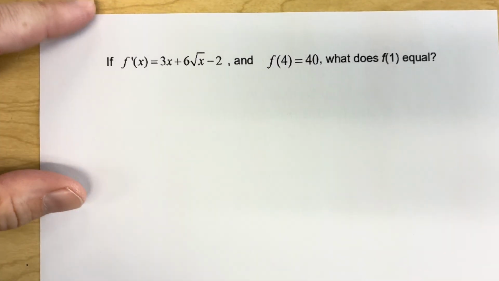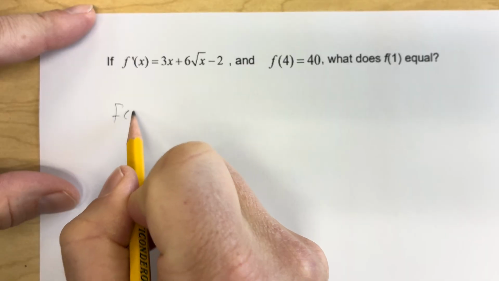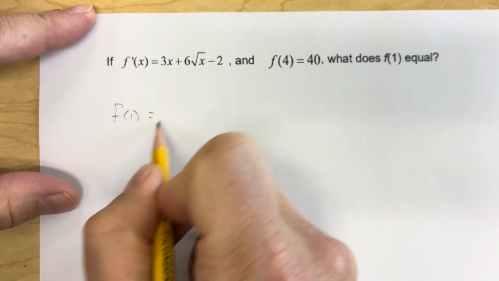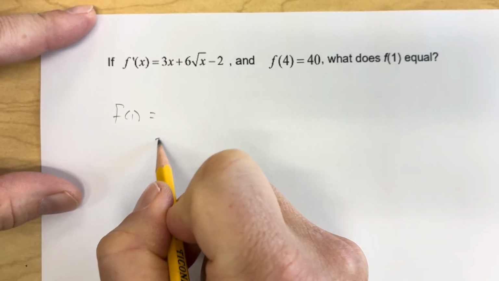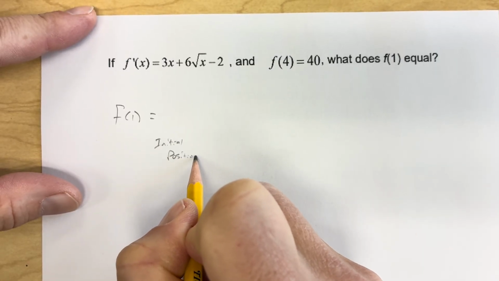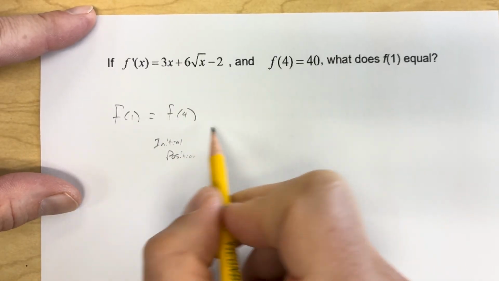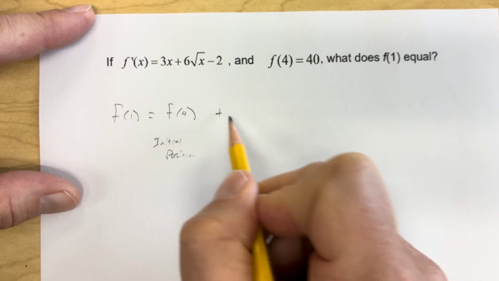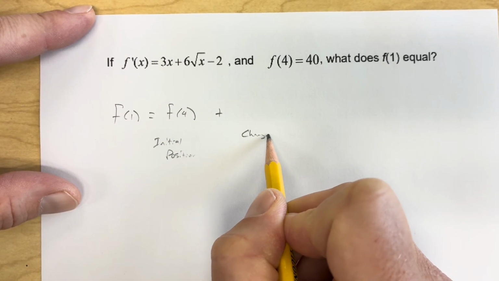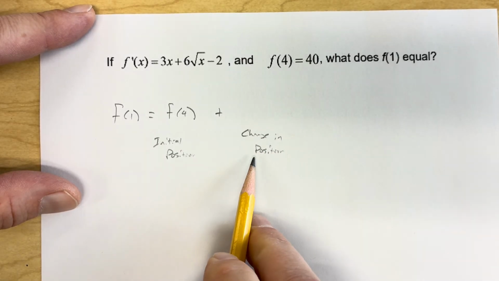Okay, so here's what we're going to do. We're going to say that f of 1 is equal to an initial position, so some initial place that we were at. So that's going to be f of 4. All right, and I'll fill that in with 40 in a second. Plus a change in position. So where did I start and how did I change?